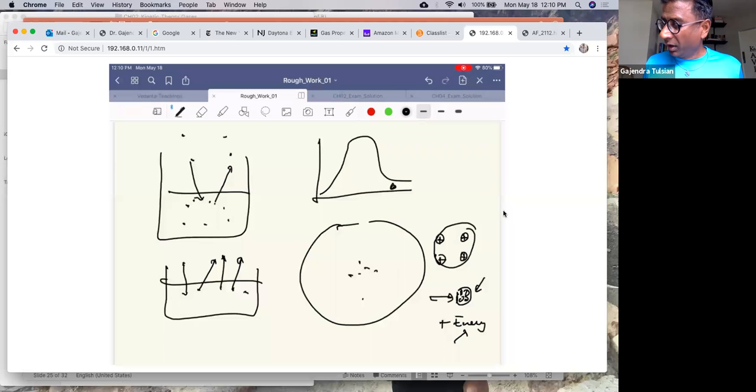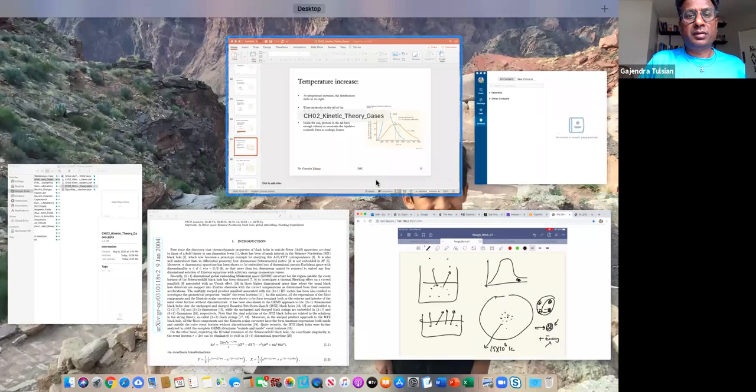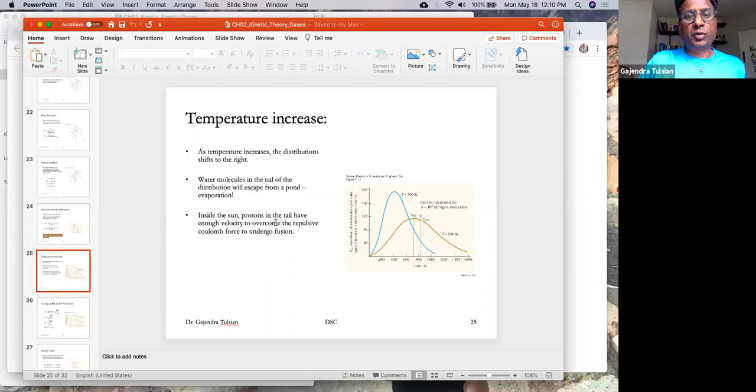At the center of the sun, even at 15 million degrees Kelvin, only the fastest protons are fusing. Inside the sun, protons in the tail have enough velocity to overcome the repulsive Coulomb force to undergo fusion. Only these protons are able to undergo fusion. For the proton gas at the center of the sun, the temperature is 16 million degrees Kelvin.